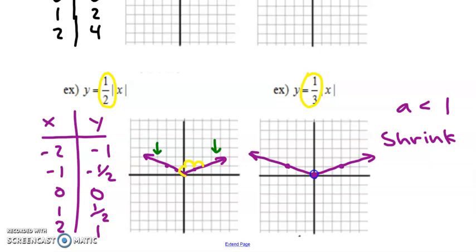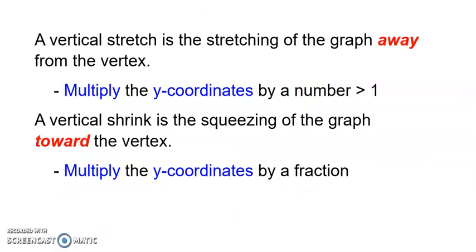What I want you to do when you're graphing vertical dilations is, once you find your vertex, use this dilation like a slope to find the next point in both directions from your vertex. Okay? So vertical stretch, we stretch the graph away from the vertex. And basically you're multiplying the y coordinates by a number greater than 1.